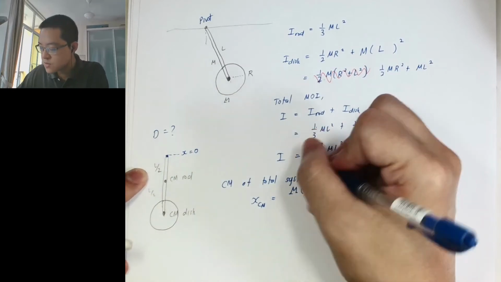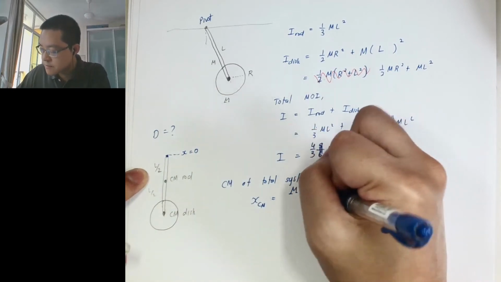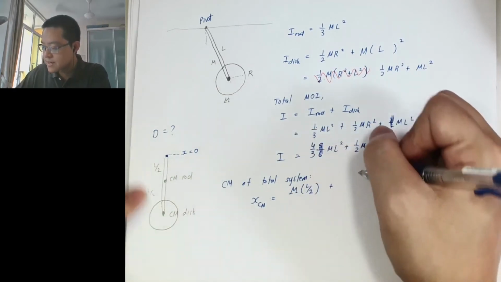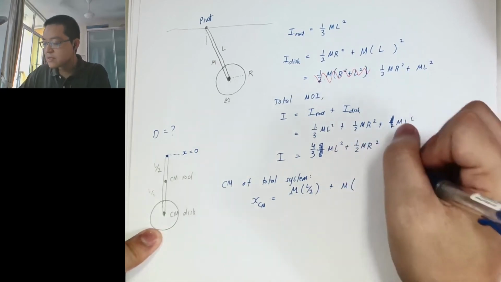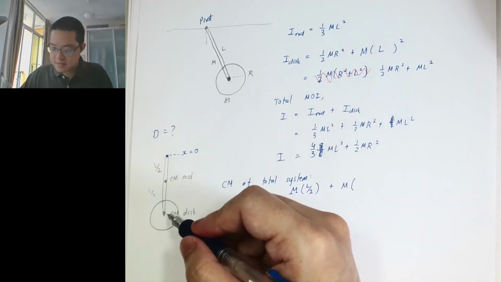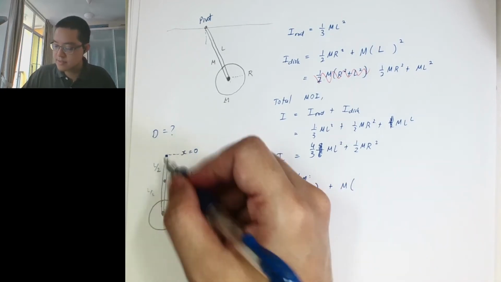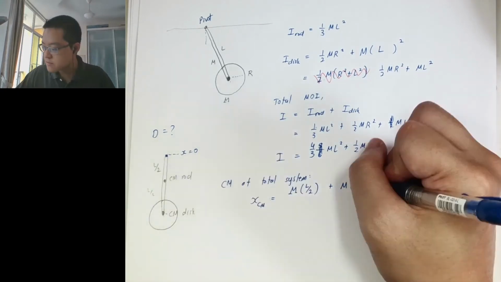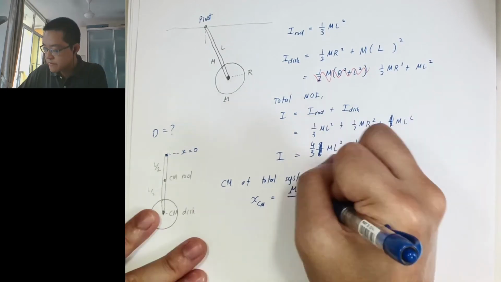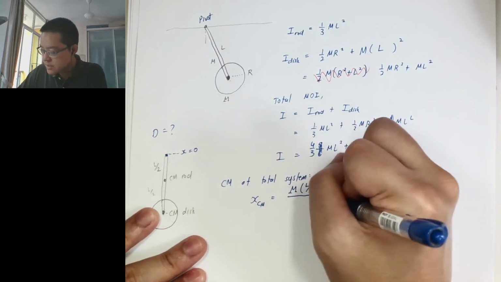So it's m times L over 2, plus the mass over here, and then what is this distance from the axis? So the distance is just L, right? So it's m times L, and then I'm dividing by the total mass m plus m.